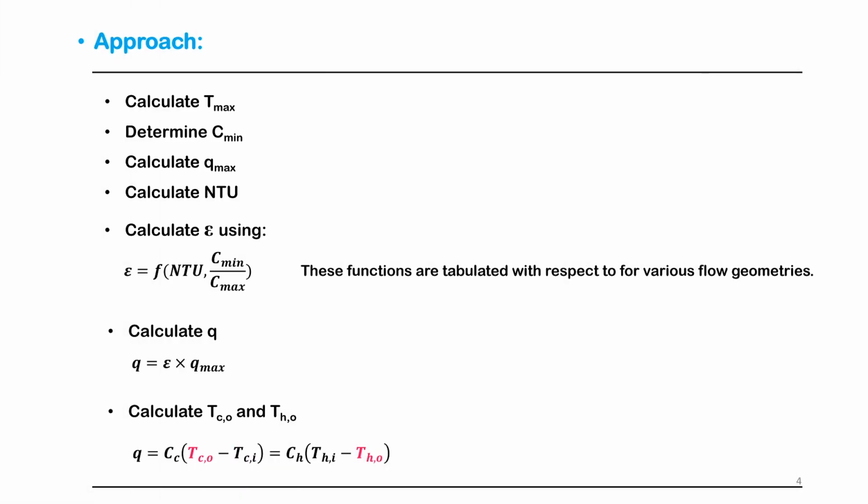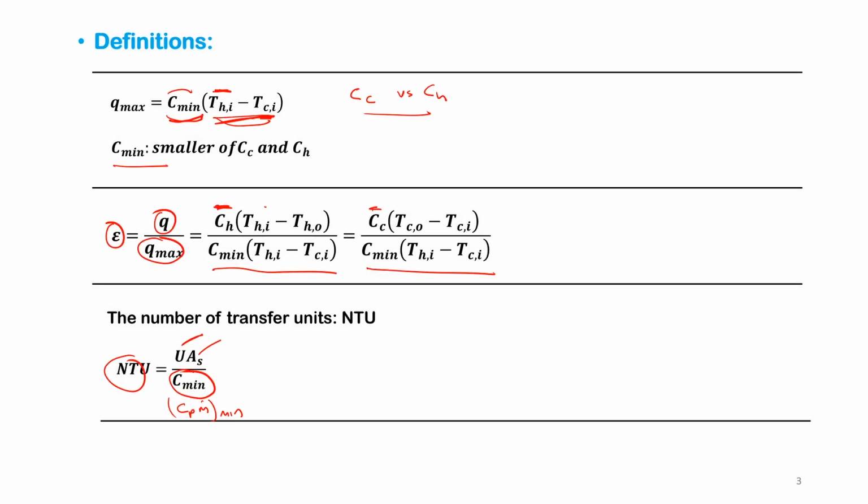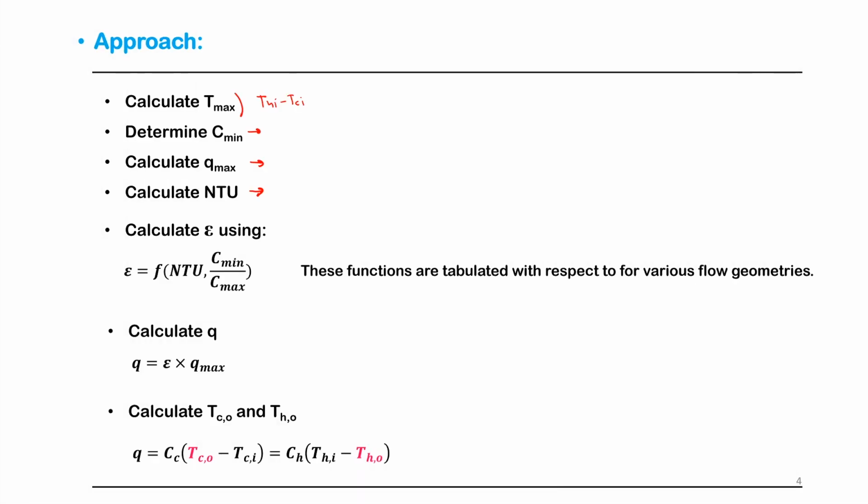So the approach is as follows. We calculate the maximum temperature difference, T hot in minus T cold in. You calculate C min, you calculate Q max, and then you calculate NTU, because we know the area, we don't know the outlet temperatures, and NTU is only a function of area and C min.